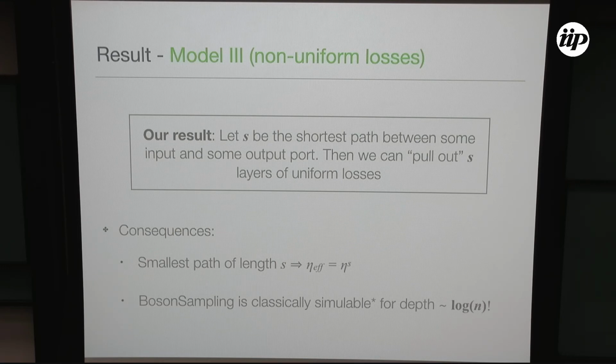And in particular, this shows that that regime where I was mentioning before, where we only have square root of n photons left on average, is already reached for boson sampling if you have some depth that grows as some c log n for some suitable constant c, all right? So this shows that you need to be below some c log n in order to avoid this classical simulation regime.